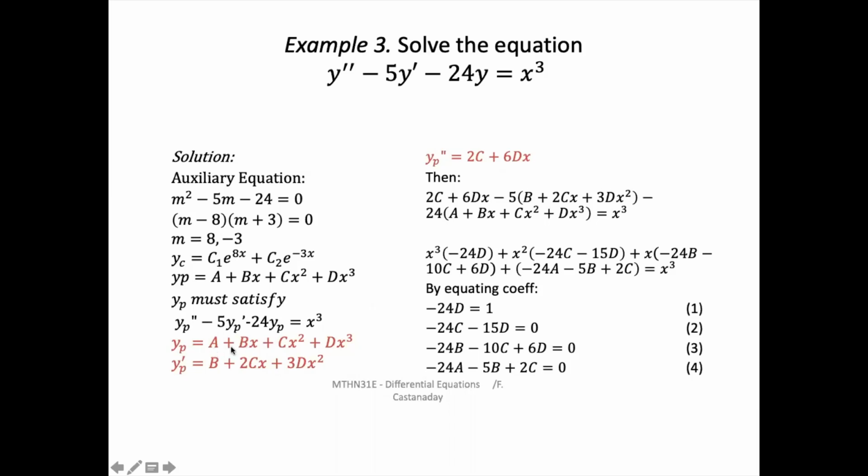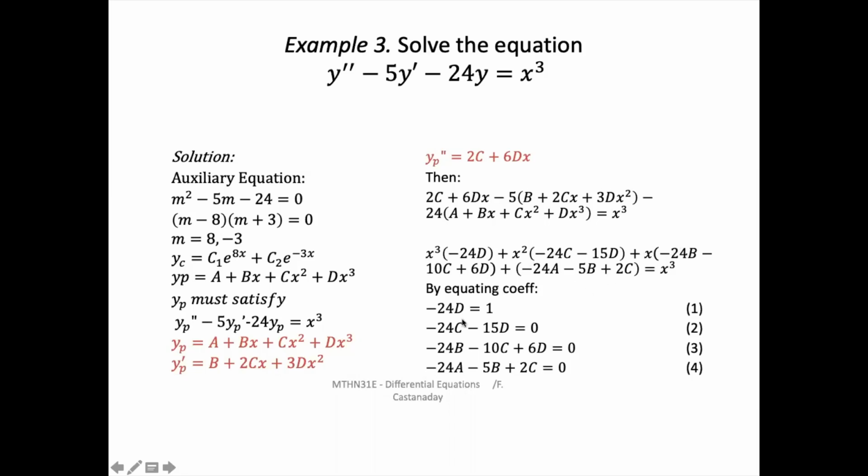So y sub b is a plus bx plus cx squared plus dx cubed, equal to the right member of the equation, which is x cubed. And now we arrange the given equation, combining the coefficients of this particular function. So you have x cubed, you have x squared, x, and the constants.